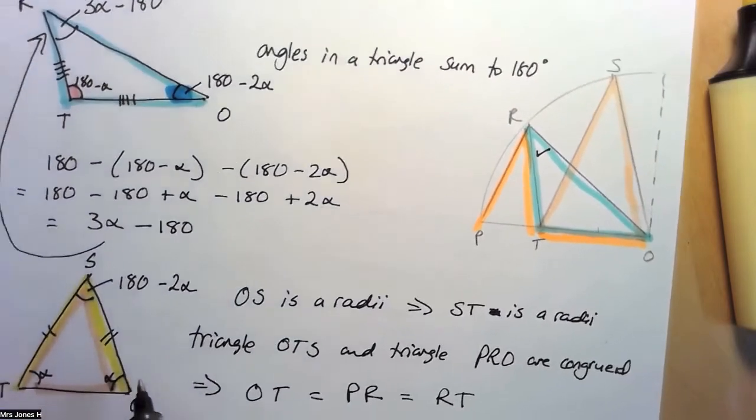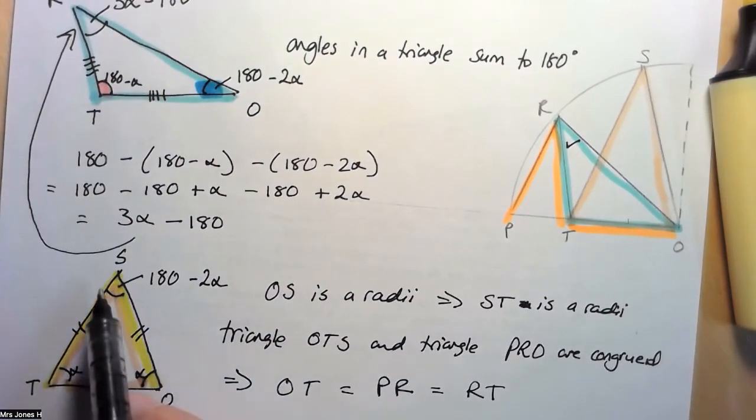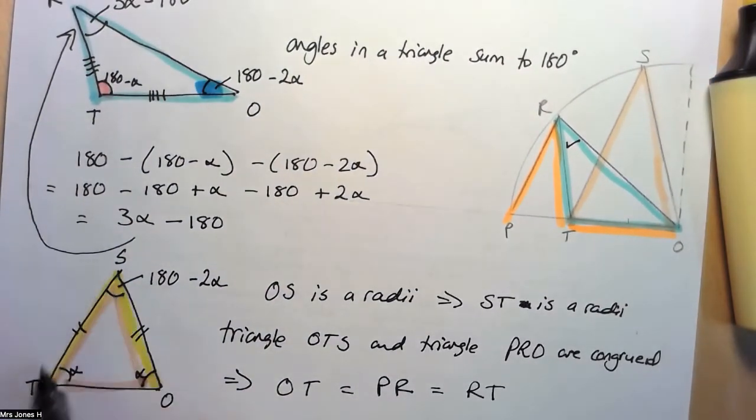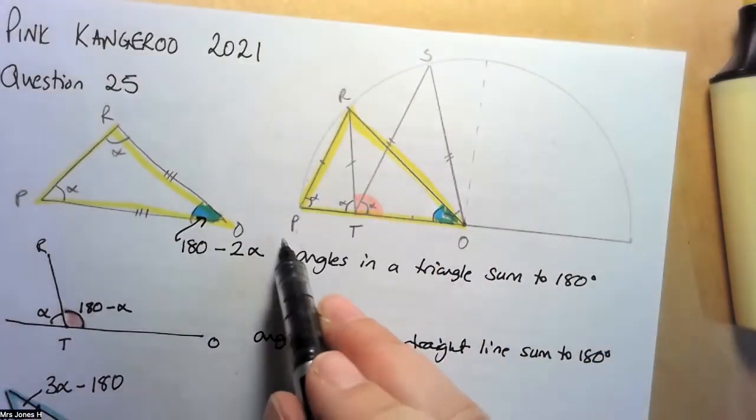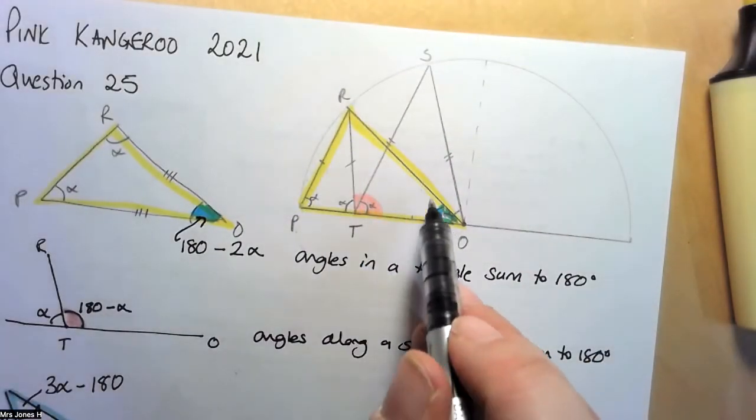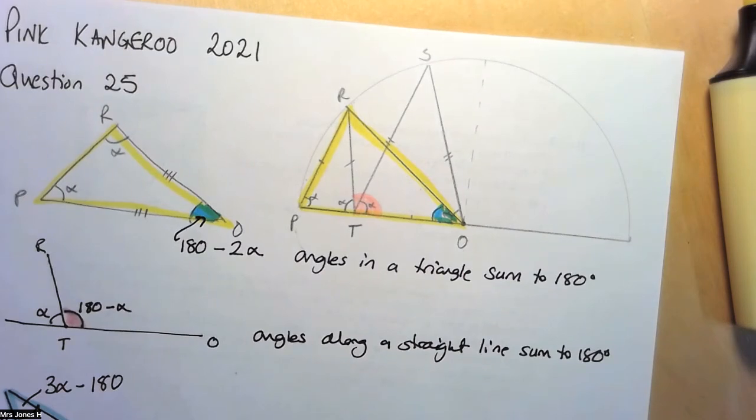We know that OS is a radii, but therefore, because it's an isosceles triangle, ST will be a radii as well. This means that we've got a triangle here with the same angles and the same length sides as ORP, this yellow triangle here, so they are congruent.